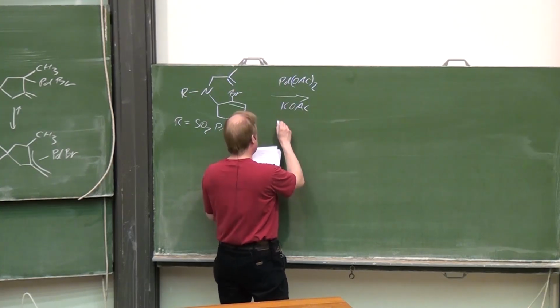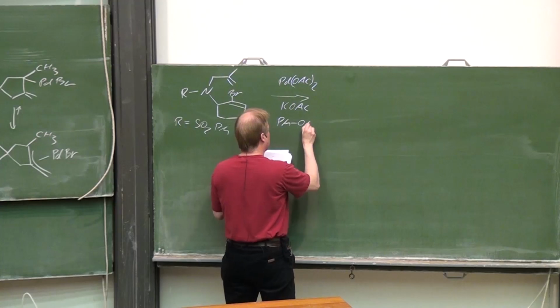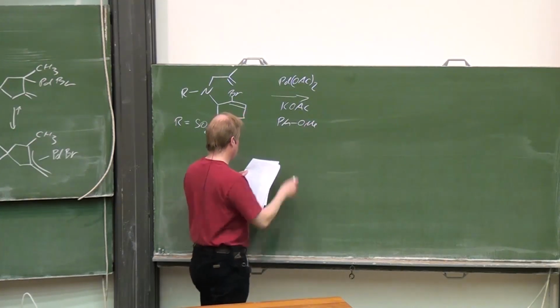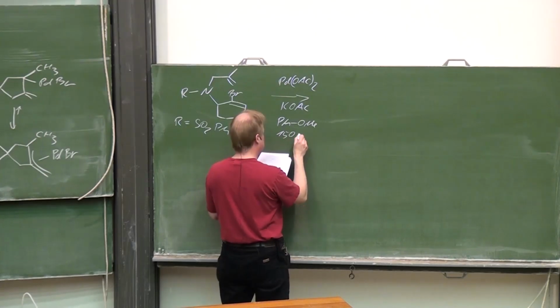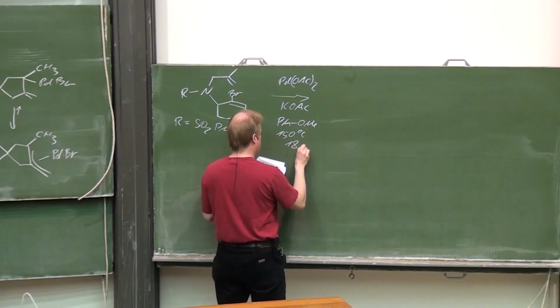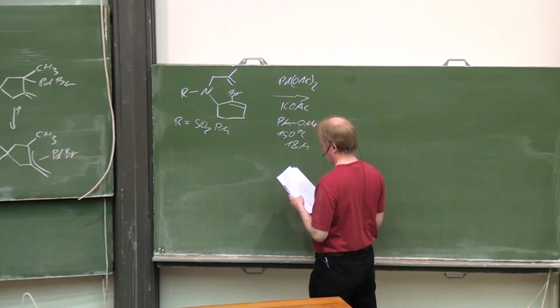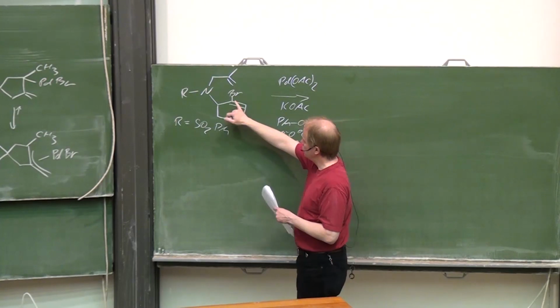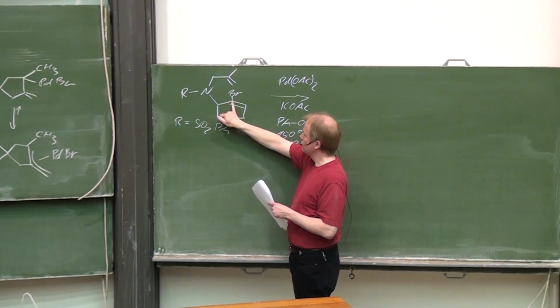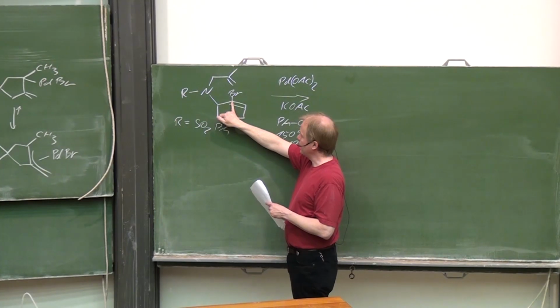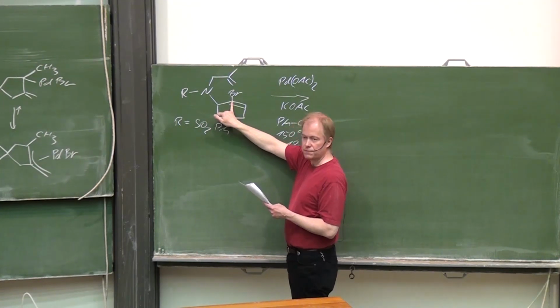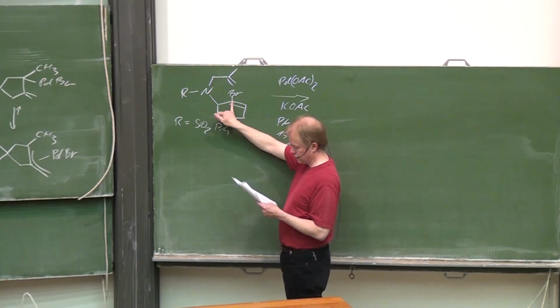Potassium acetate as a base and anisole as solvent, 150 degrees, 18 hours reaction time. Well, first step, oxidative addition here to this position, and then again, just as in the case we studied before, a 5-exo-trig cyclization as the preferred next step.